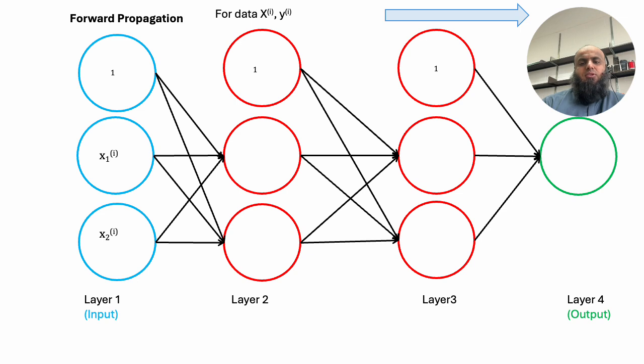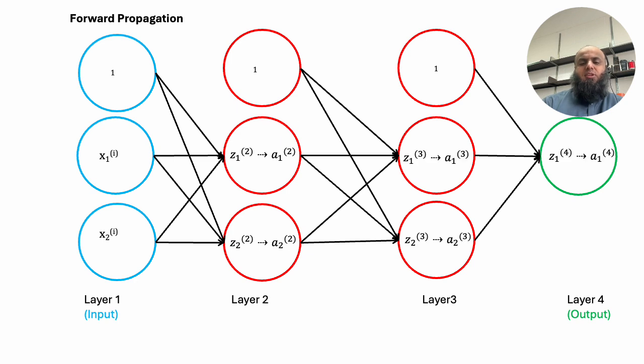It's good to start with a quick reminder of forward propagation before we switch to backpropagation. For example, for this network we have 4 layers: one input layer, 2 hidden layers, and one output layer. The activation in each unit is computed as follows. We compute Z1 superscript 2, which is a weighted sum, and then we apply the activation function to compute the value of A1 superscript 2.